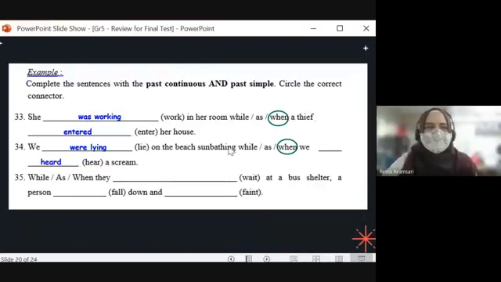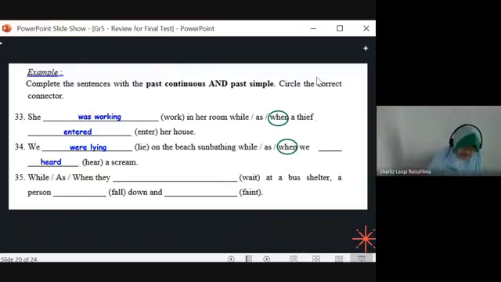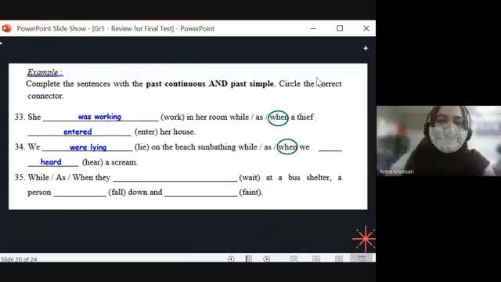Next, Charlize, number 35. While, as, when they were at a bus shelter, a person fell down and fainted. What's the answer?